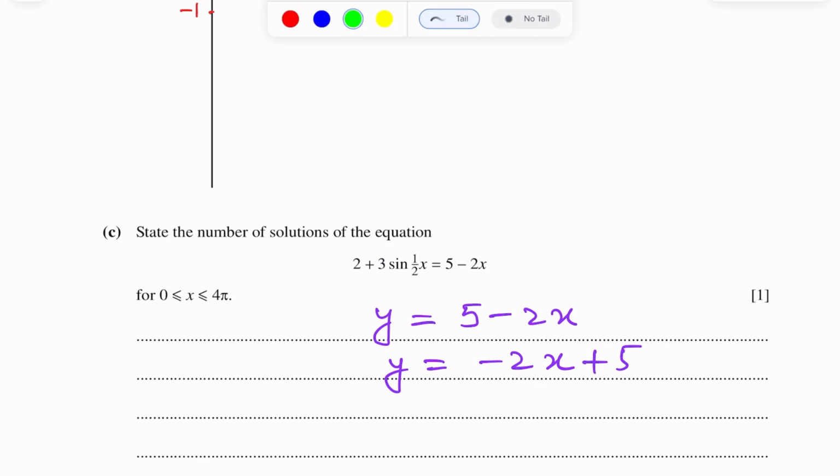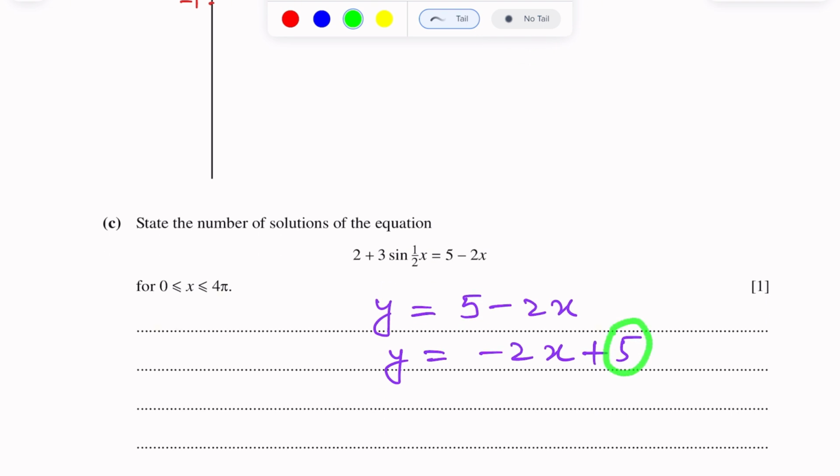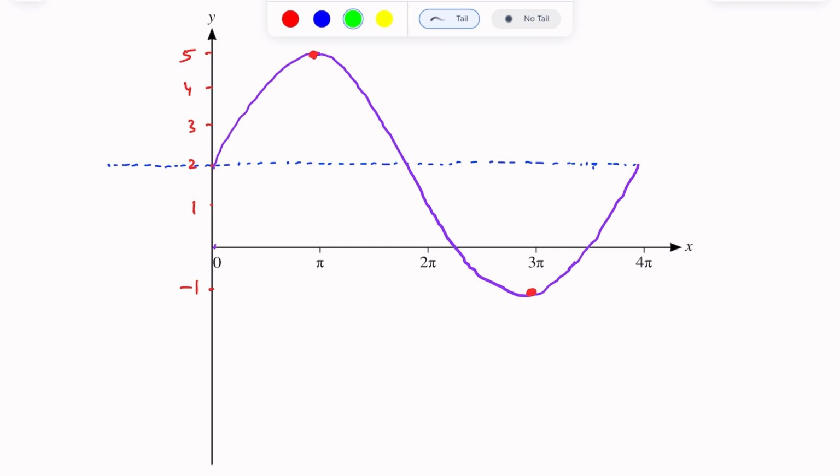It is very simple: we have to draw a line having y-intercept 5 but gradient -2. A negative gradient shows that the line will make an obtuse angle with the positive direction of the x-axis. We draw this line passing through 5, and this is the line.